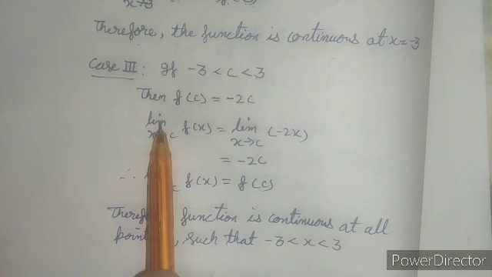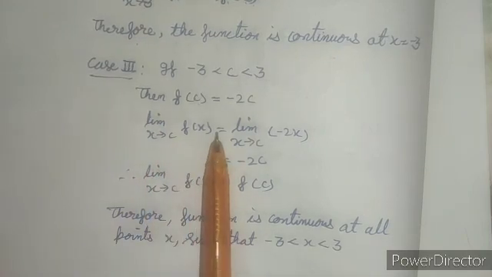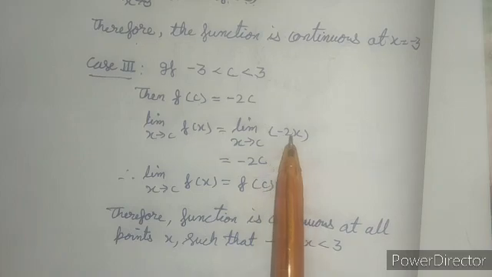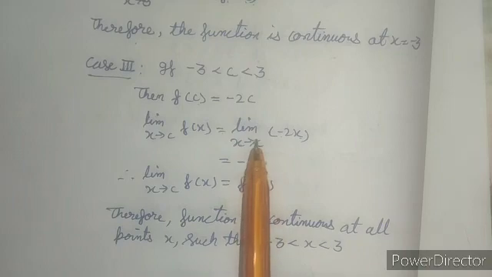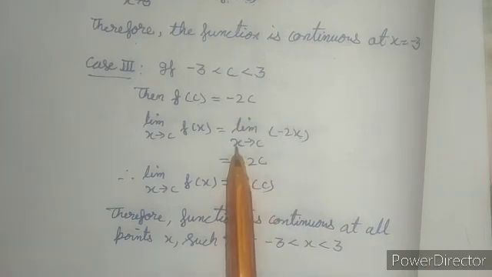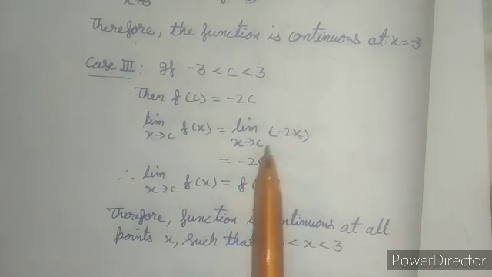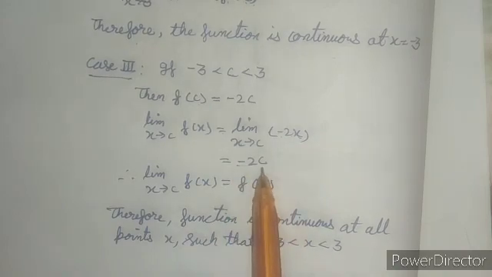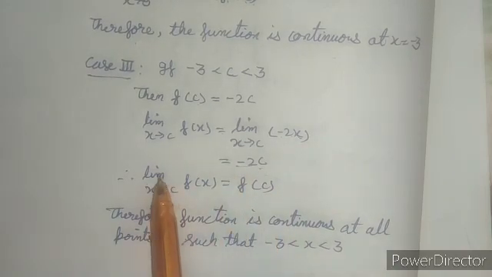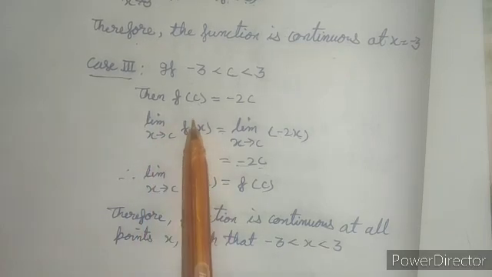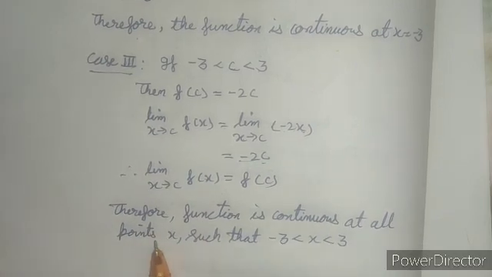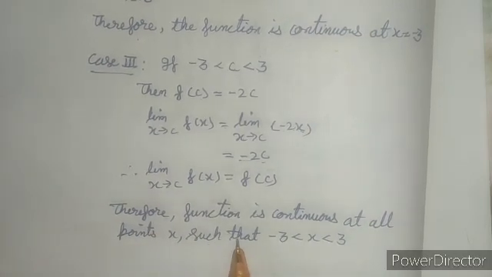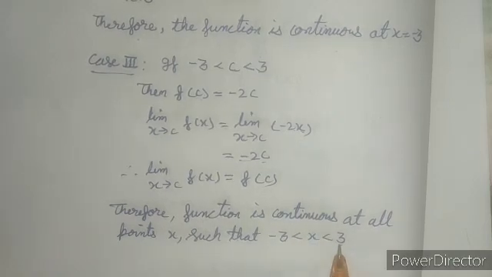Now limit x tends to c f(x) will be equal to limit x tends to c of minus 2x, for c between minus 3 and 3. On putting the value of x, we will get the value of the limit as minus 2c. As we see here, limit x tends to c f(x) is equal to f(c). So we can say that the function is continuous at all points x between minus 3 and 3.